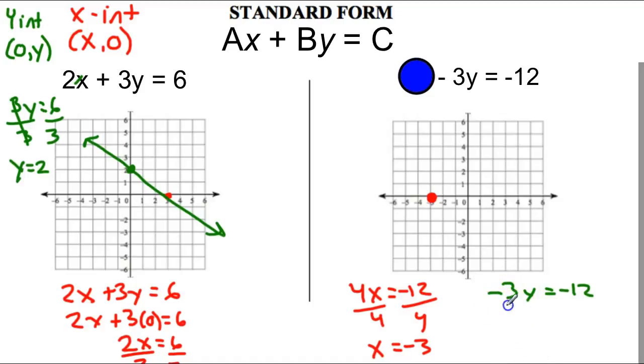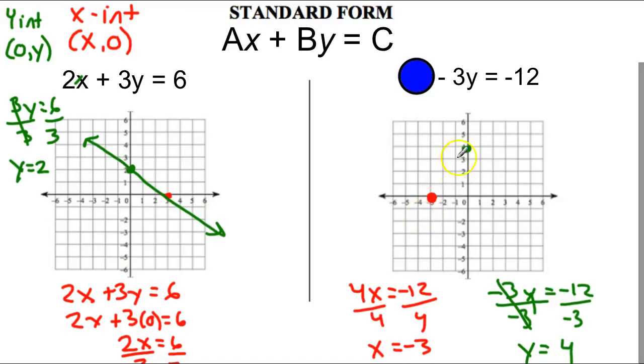So when I divide over here, I'm going to divide by negative 3. Negative 3 divided by negative 3, those cancel, and I have y equals negative 12 divided by 3. That's going to be a positive 4. So my y-intercept is positive 4.